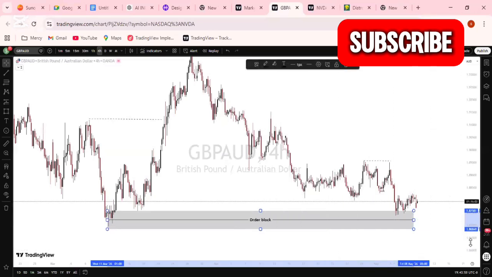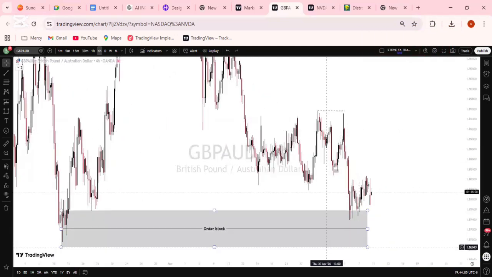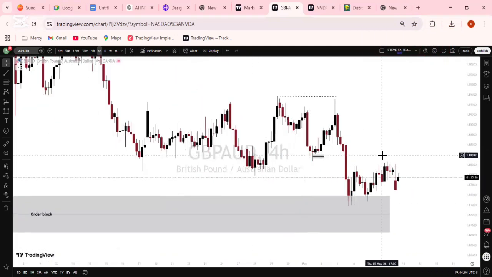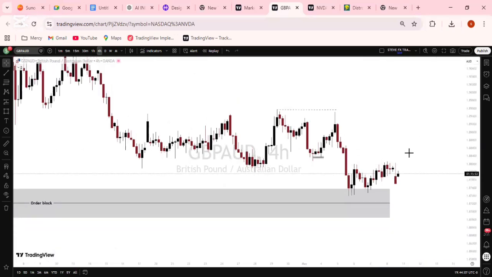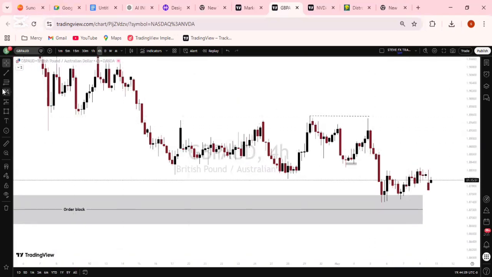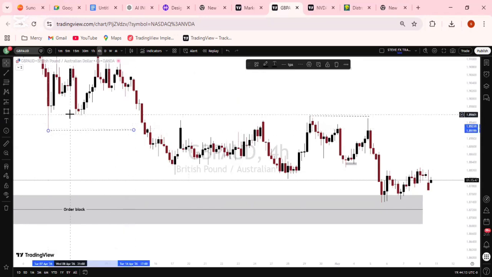Now, when we come to this particular side, where we are having our external structures, we had this break of structure from here, and we had a break of structure from here.